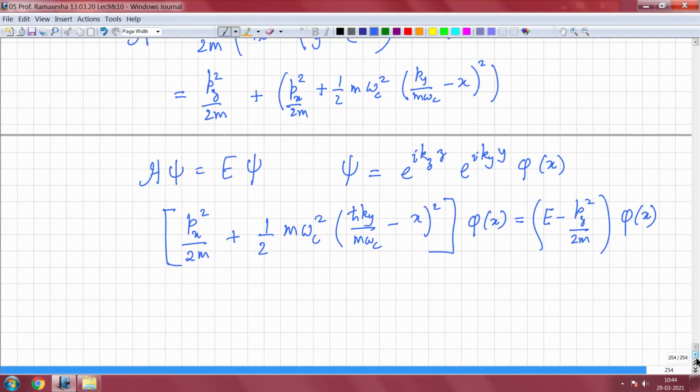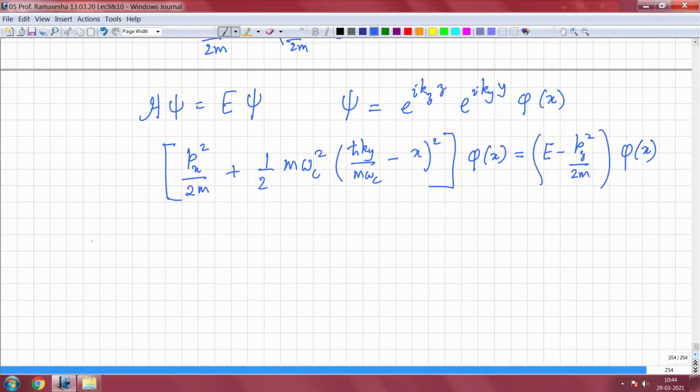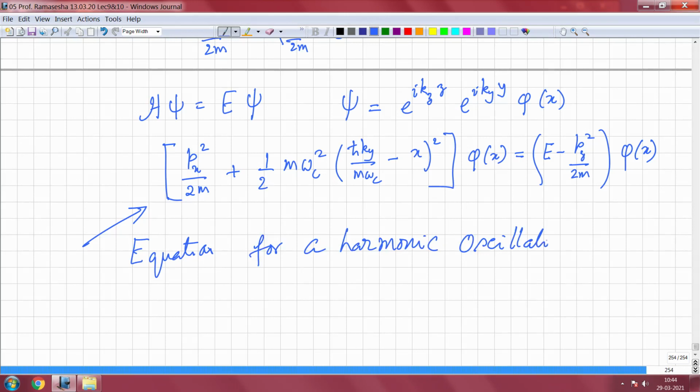What we see from here is that this equation is an equation for a harmonic oscillator which is displaced. The displacement is by an amount h cross ky by m omega c.